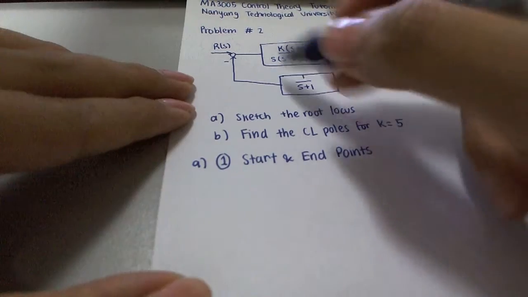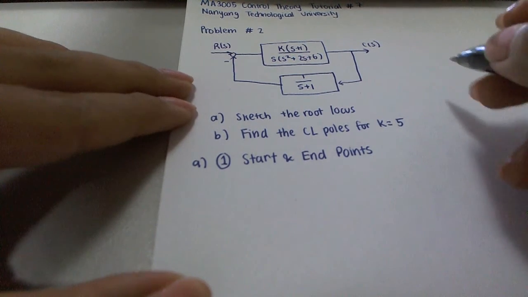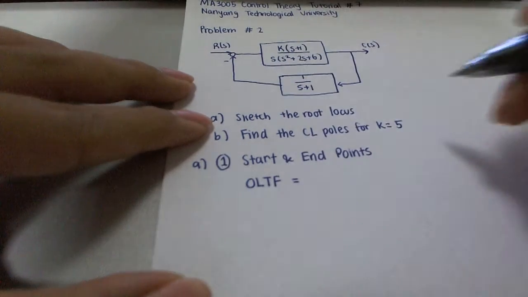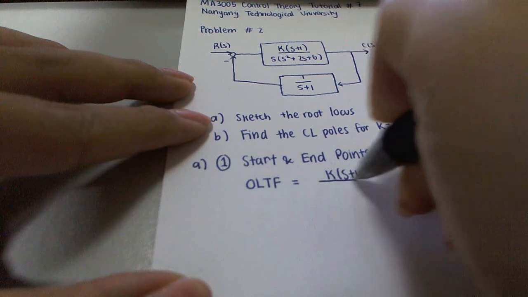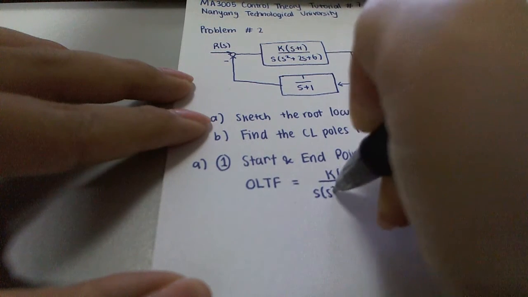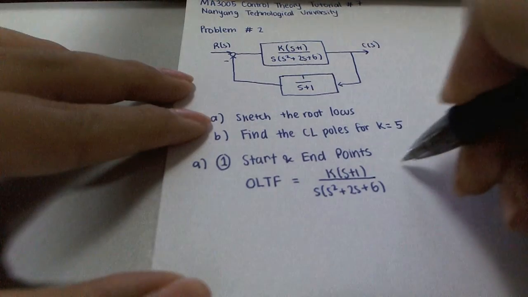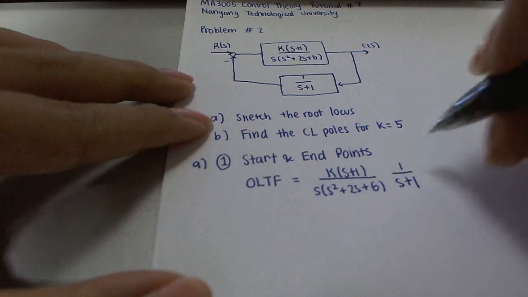Back to our problem here, first we have to find the open loop transfer function, which is basically k multiplied by s plus 1 divided by s multiplied by s squared plus 2s plus 6, and then there's 1 over s plus 1 at the feedback loop.